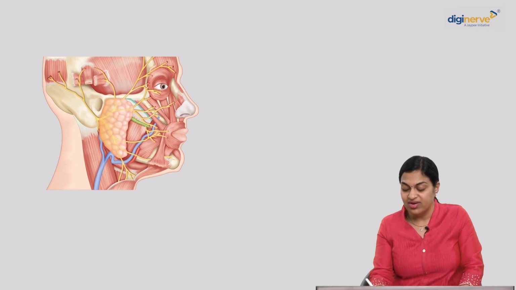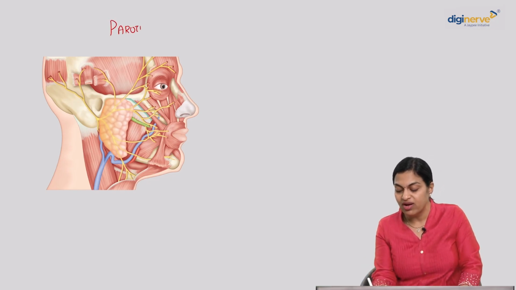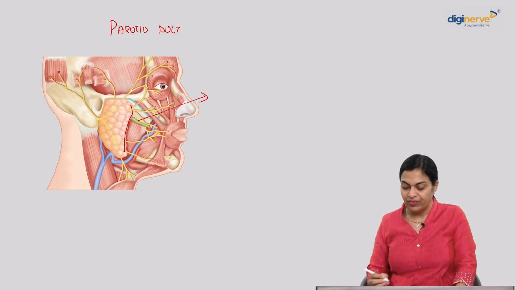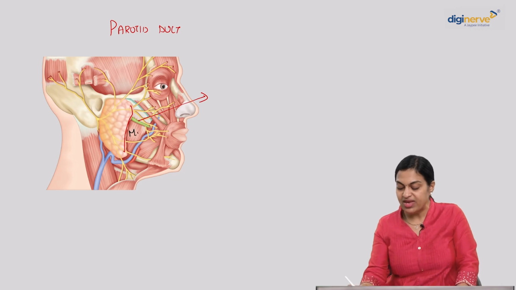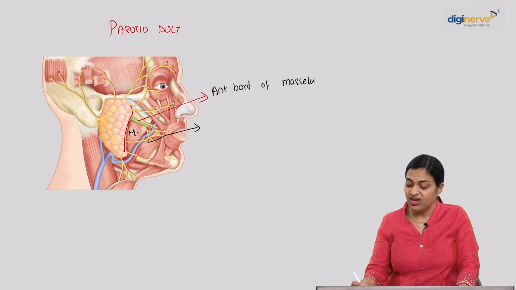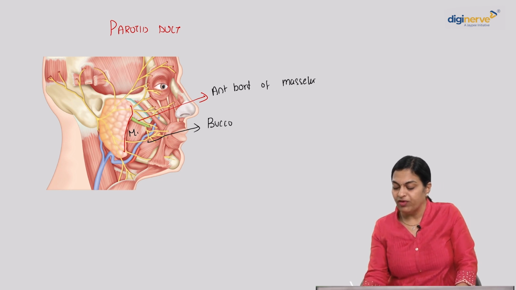Moving to the parotid duct, can you identify the parotid duct in this image? Yes, emerging from the anterior border of the parotid gland. What is this muscle? Masseter. So you can see it winding around the anterior border of masseter, and then it is going to pierce this muscle. What is this muscle? What is the fascia covering it? The buccopharyngeal fascia. Okay. So superficial to that, we have the buccal pad of fat.